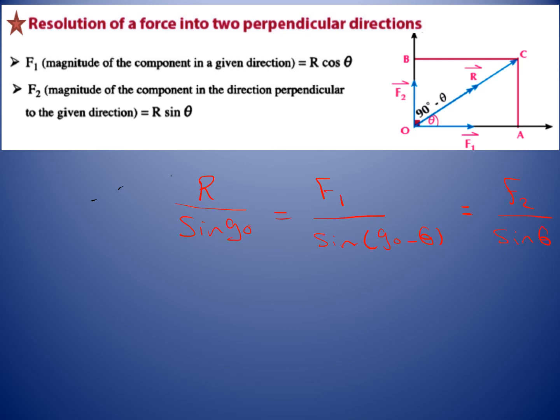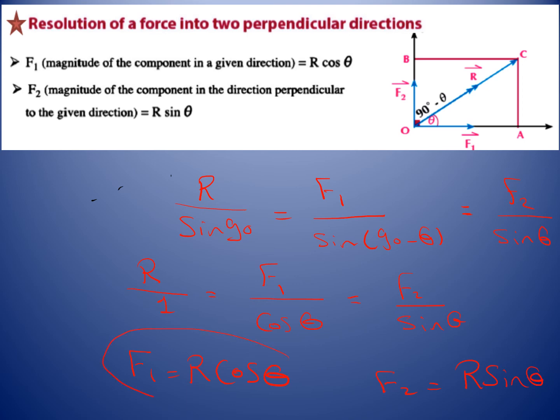Sine 90 equals 1, so R over 1 equals F1 over sine (90 minus theta). Sine of 90 minus theta changes to cosine theta, equals F2 over sine theta. So by cross multiplication, F1 equals R cosine theta, and F2 will be R sine theta.